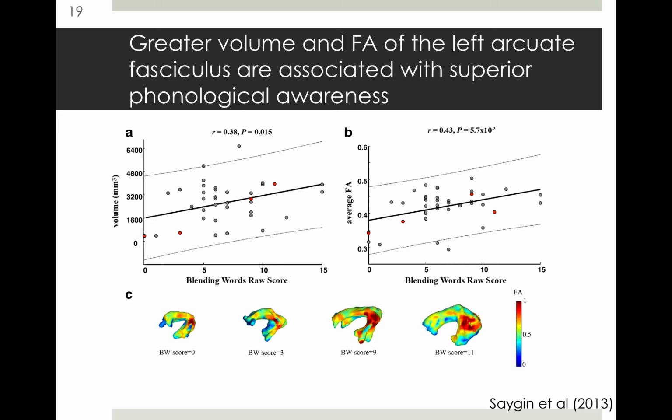So what they're showing is that it really doesn't matter whether you've already been taught to read. These are pre-reading kids. They already show these inherent differences in ability to do phonological awareness tests, and those inherent differences are related to the volume and integrity of the white matter in the arcuate fasciculus.